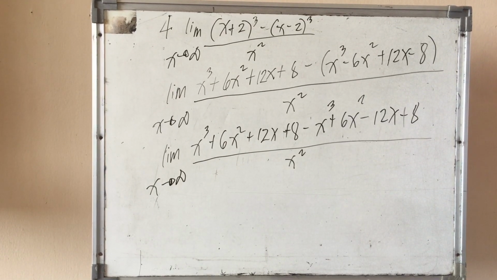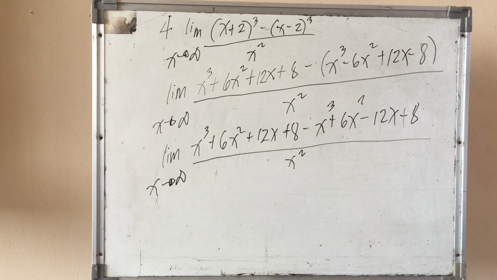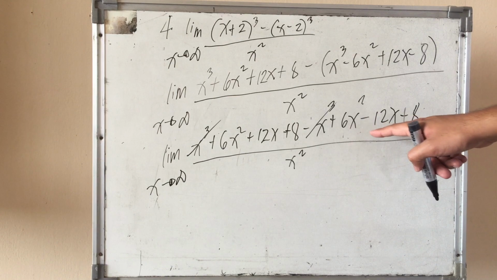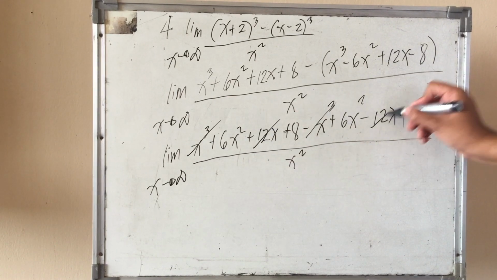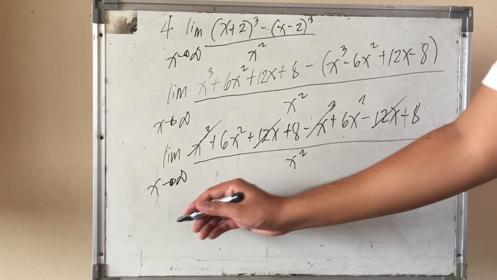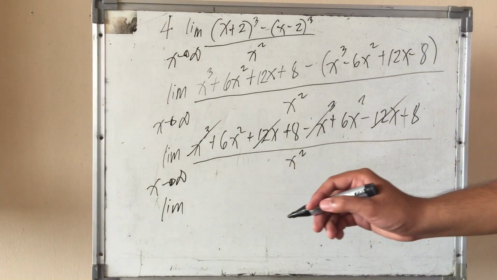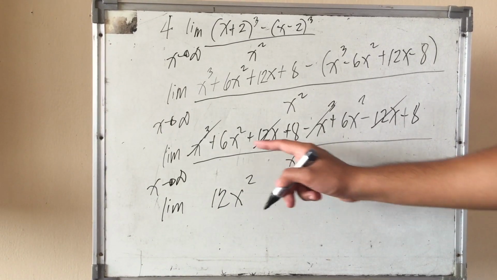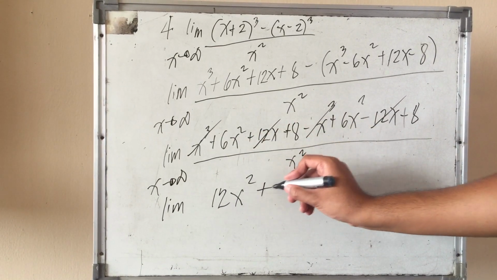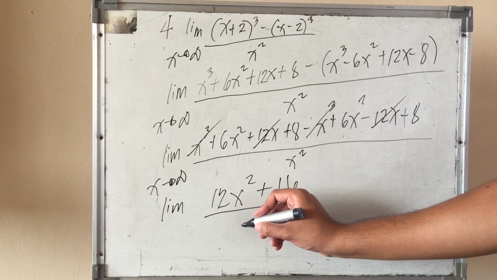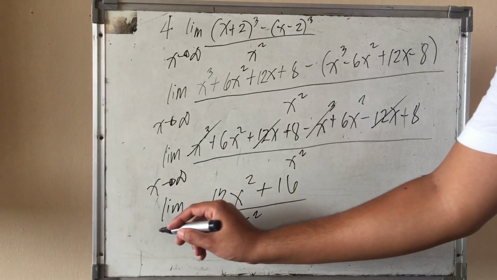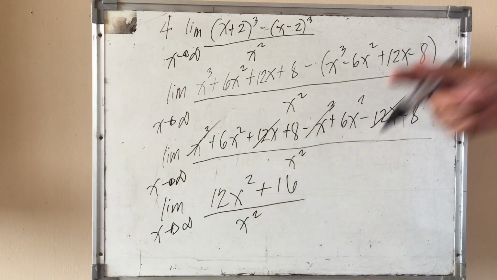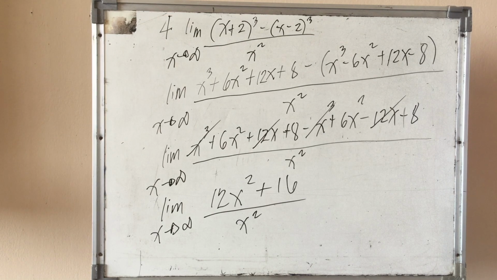We can see that we can cancel x cubed and minus x cubed, and 12x and minus 12x. So we now have the limit of 12x squared plus 16, all over x squared, as x approaches infinity.